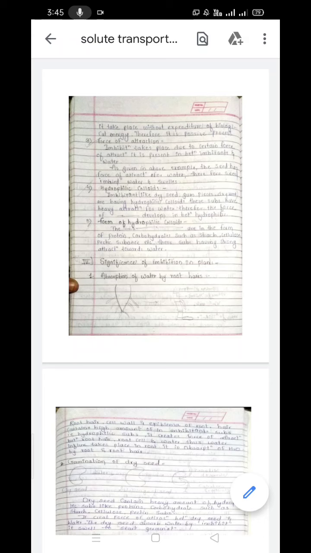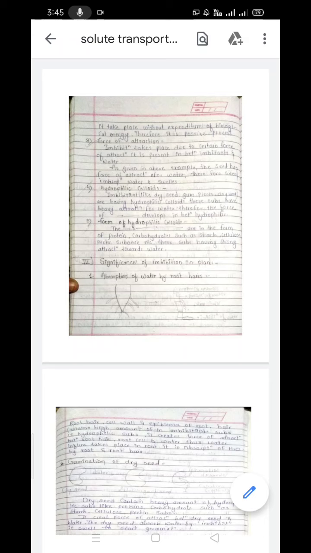Due to this force of attraction the water influx takes place. मतलब वाटर अंदर की तरफ आता है और वहाँ पे एब्सॉर्प्शन ऑफ वाटर टेक्स प्लेस बाय द रूट्स एंड रूट हेयर्स इज हैपनिंग.